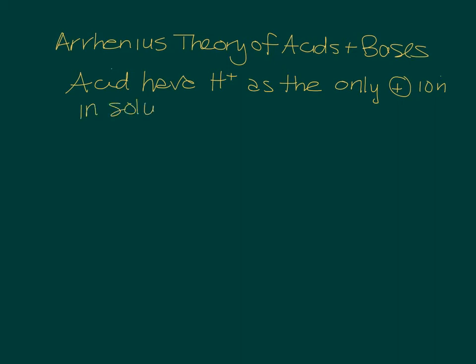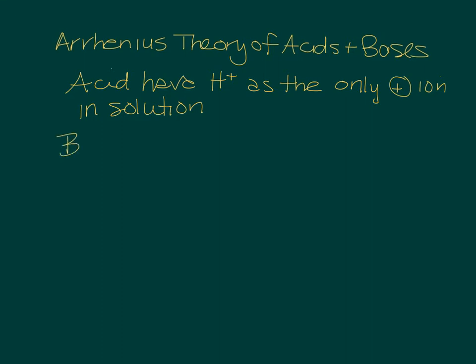Which makes sense because I just showed you that HCl dissociates into H plus and Cl minus. H2SO4 is going to be 2H plus and SO4 2 minus. So they're always going to have H plus.